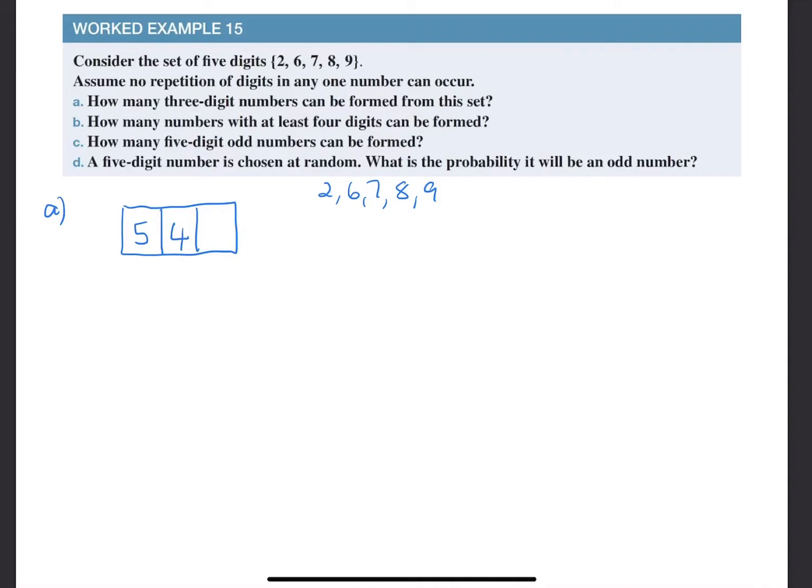And if I have one value in there, one value in there, then for the third value, it doesn't matter which 2 I've chosen here, there will just be 3 left. So there will be a choice of 3 for that.